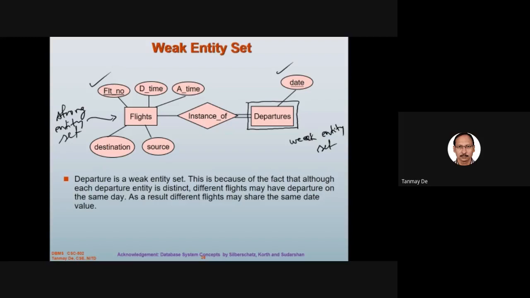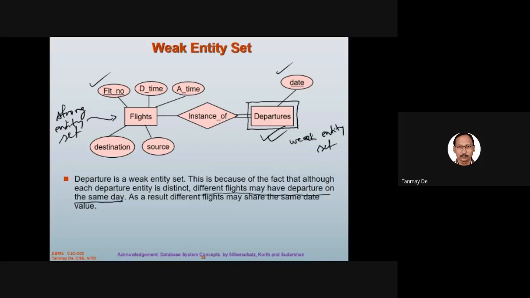Each of the entities of the departure is distinct. That means in this weak entity set departure, each of the dates is actually distinct, but a single date can be shared by multiple flights. This is because each departure entity is distinct, but different flights may have departure on the same day.